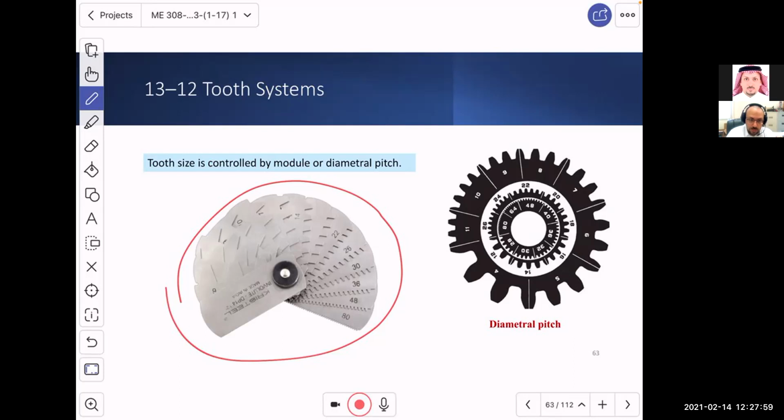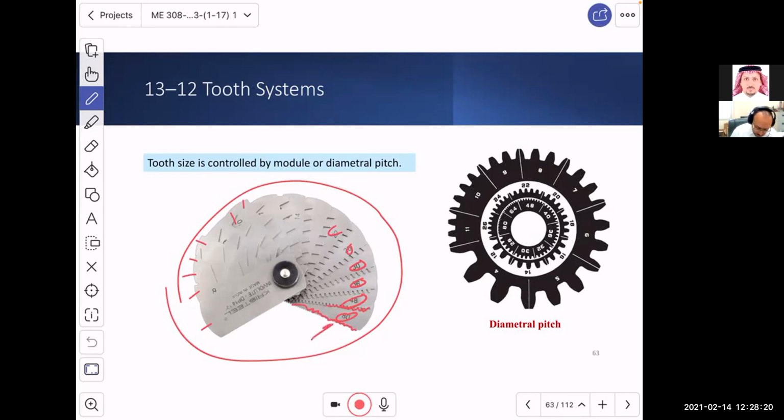So one way to solve the mystery is to take a gauge, similar to this. The gauge has many strips. Each strip is assigned a number, and each strip has a different profile.